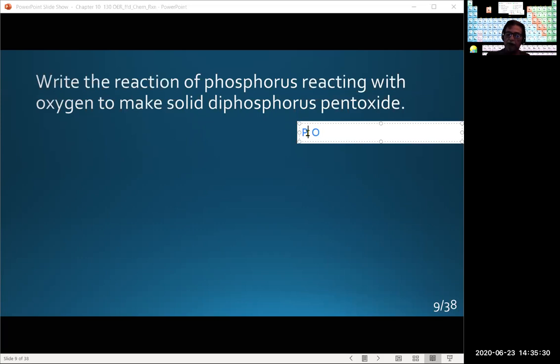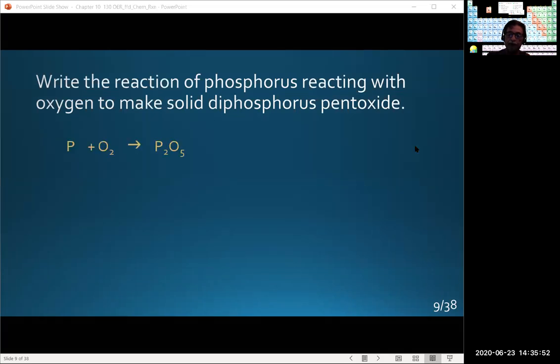Di means there are 2 phosphorus, and pentoxide tells us there are 5. Remember the prefix pent means 5. So the formula for diphosphorus pentoxide is P2O5. So now that we got the formula, we can write the equation as so.